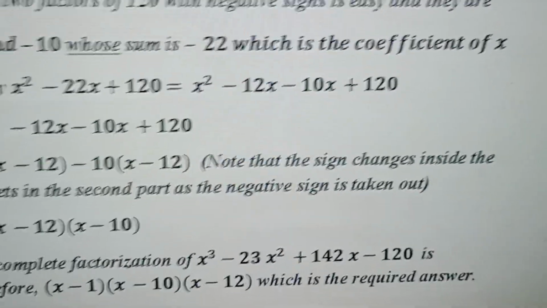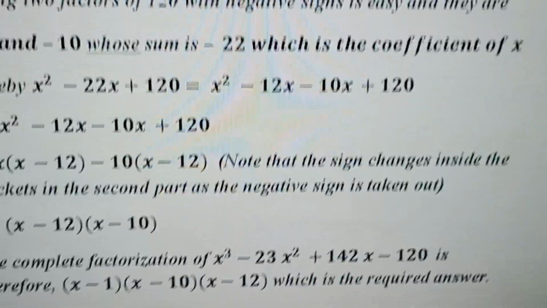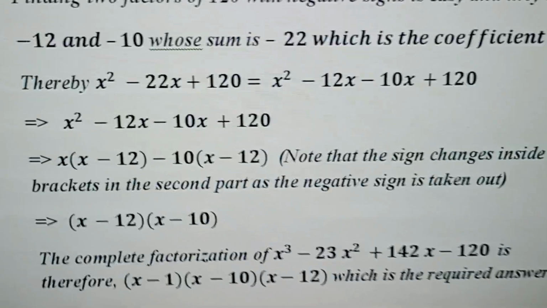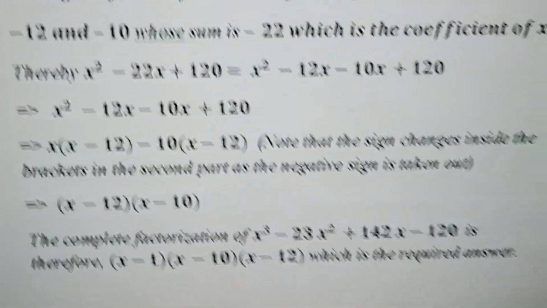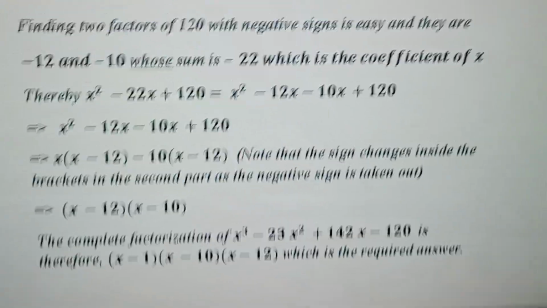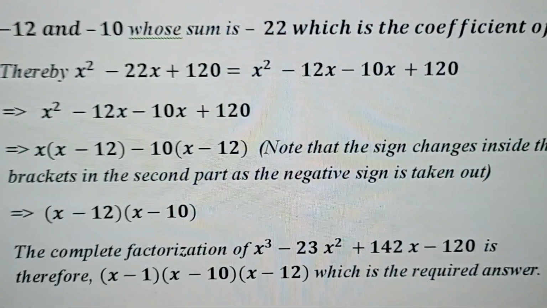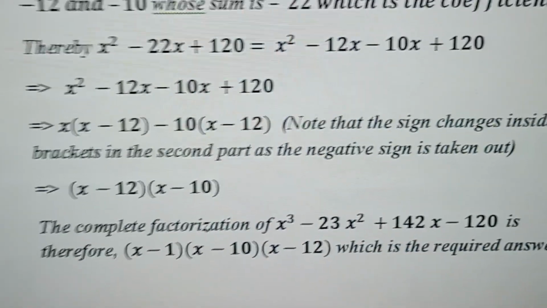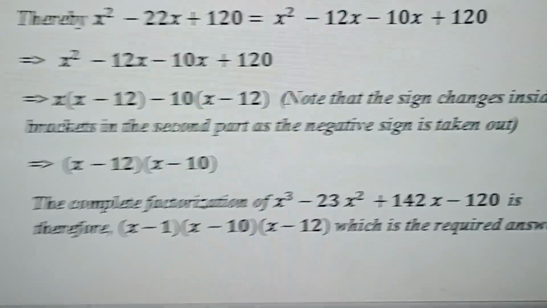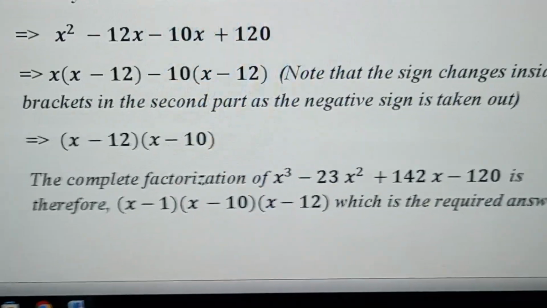The order doesn't matter here. You can write it in any order here. And x squared minus 12x minus 10x plus 120 is now to be factorized. Here you must be careful. You can take x outside as a common factor for the first two terms. X squared minus 12x, x is common.